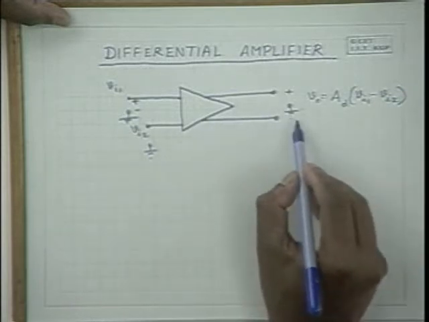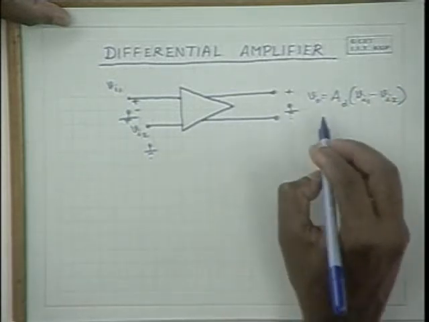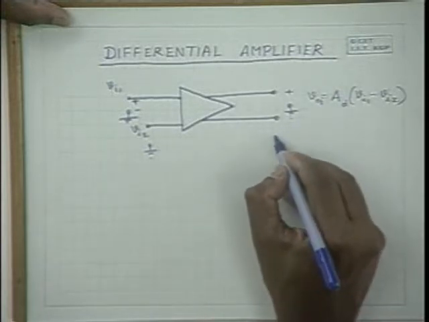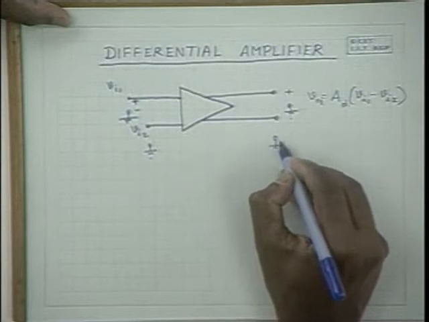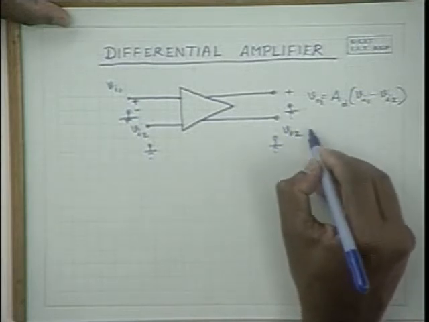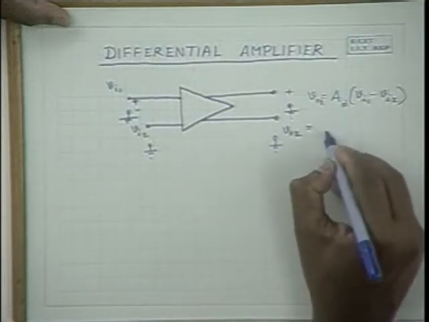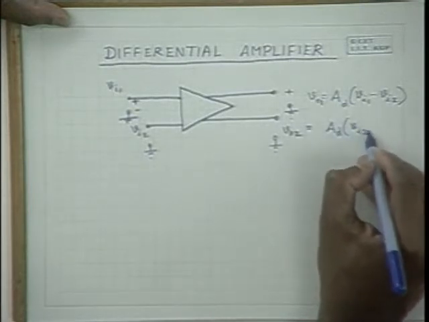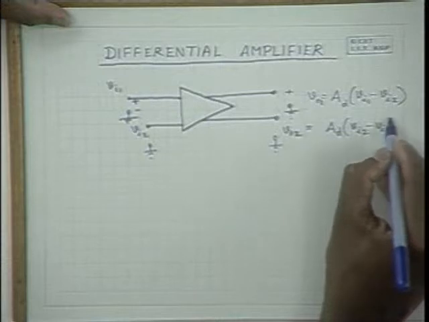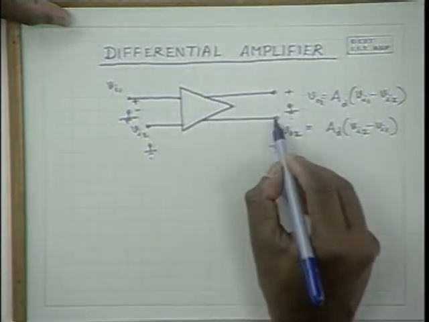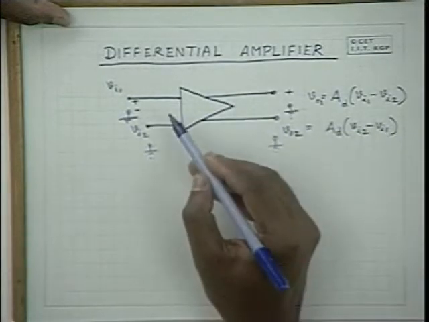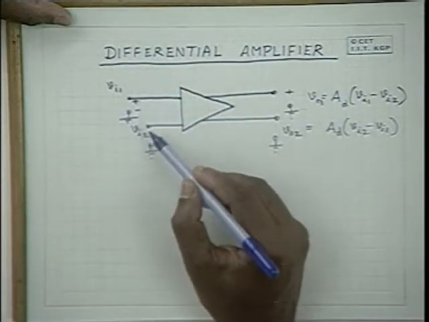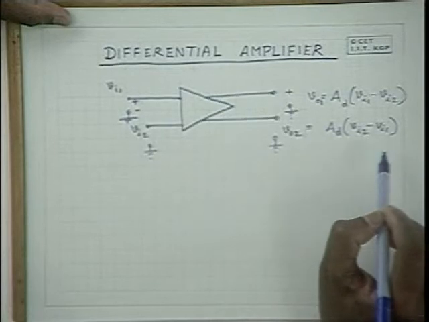At the other output terminal, you get the opposite of this. If this is VO1 and you denote this as VO2, then VO2 is AD times Vi2 minus Vi1. That means at this output, you will get the opposite of this, an amplified version of Vi1 minus Vi2 with an opposite sign.